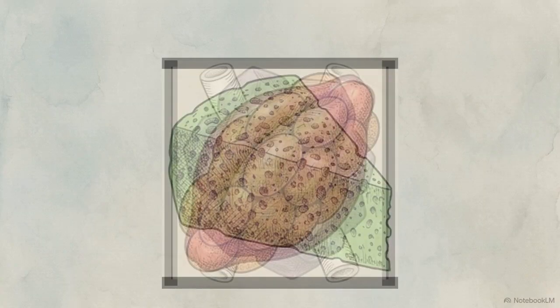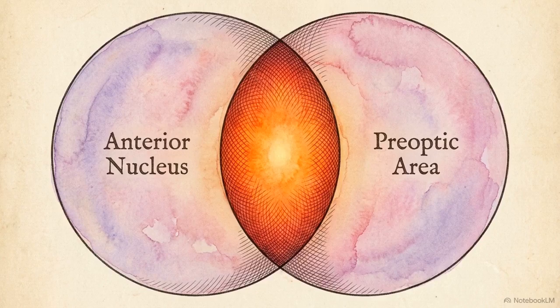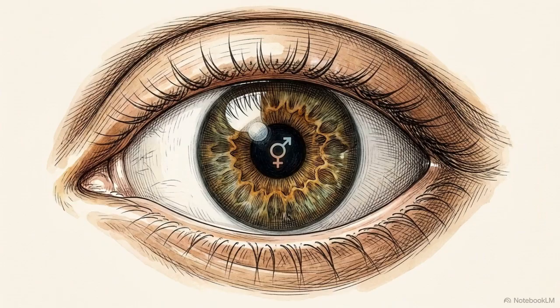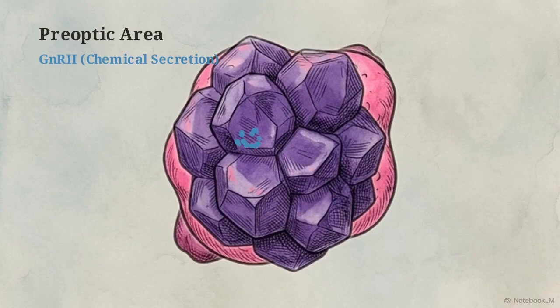Finally, completing the anterior region, we find the preoptic area. The preoptic area overlaps with the anterior nucleus in monitoring and regulating core body temperature. However, it maintains a unique secondary function, the modulation of reproductive behaviors. To execute this reproductive function, the preoptic area relies on a critical neuroendocrine output, the secretion of gonadotropin-releasing hormone, or GnRH.